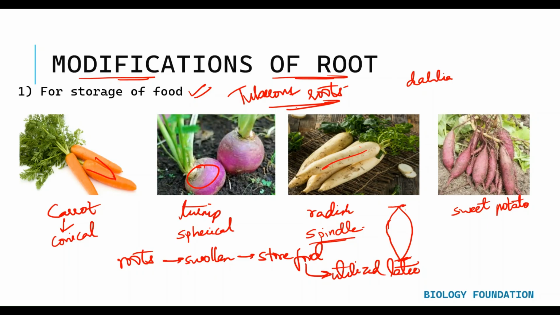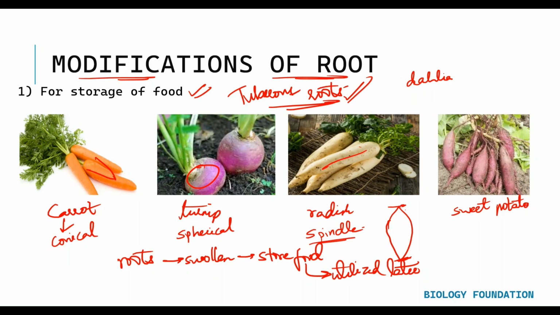So, in carrot, turnip, sweet potato, radish, food is stored in roots, and the roots swell up and become thick due to accumulation of food. Such swollen roots which store food are said to be tuberous roots. These are utilized whenever the plant requires food.